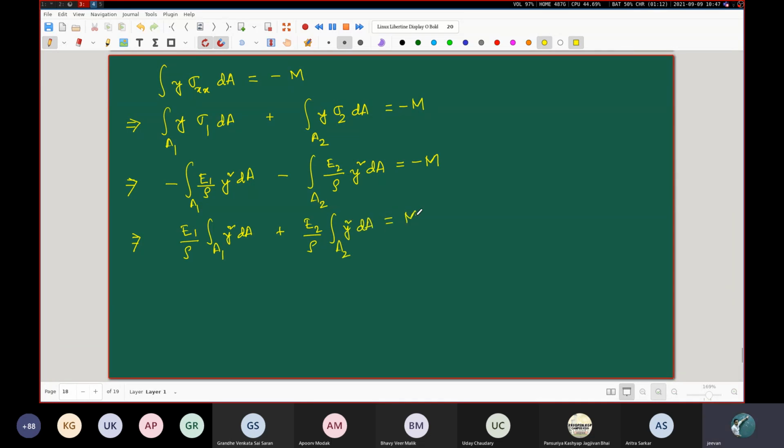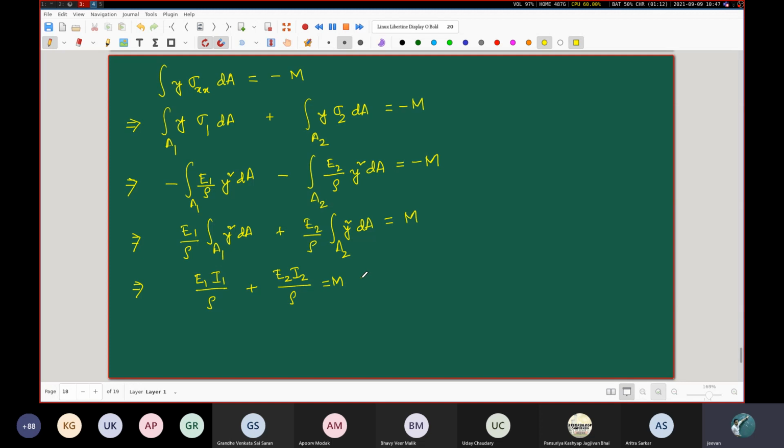Now you see, this is a rather nice thing. Why is it nice? Because you can immediately recognize that this particular entity is nothing but the second moment of area for this area 1, and this is the second moment of area for this area 2. So we can very quickly write this as E1 I1 by rho plus E2 I2 by rho.